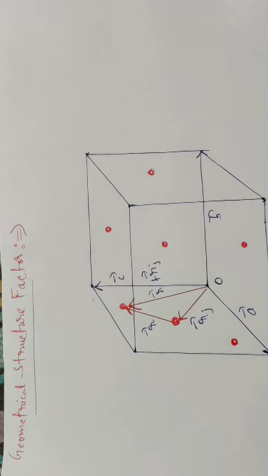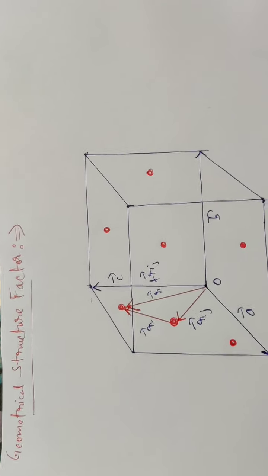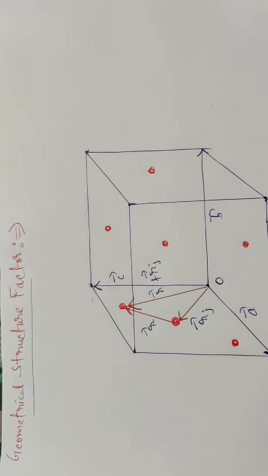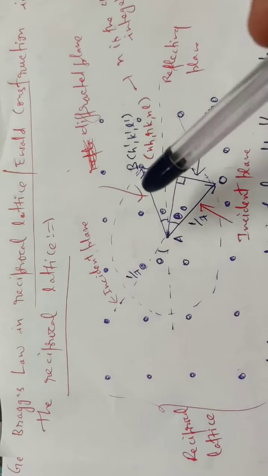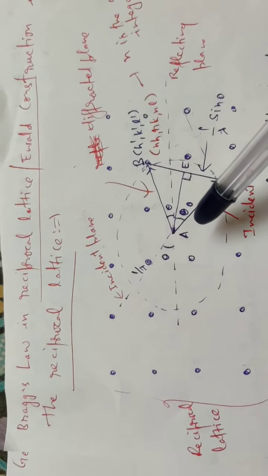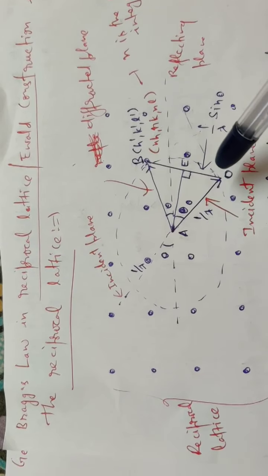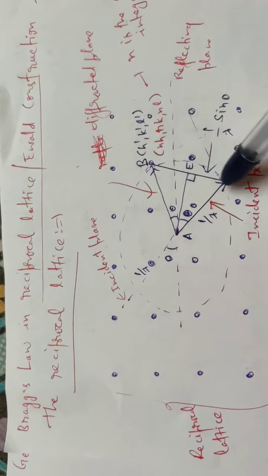Since we know that the reflections in the crystal lattice are described by reciprocal lattice points, as we discussed in Bragg's law in the reciprocal lattice, like this. Since this vector AO has magnitude 1 by lambda, we take this as the origin of the reciprocal lattice. So this is a lattice vector.